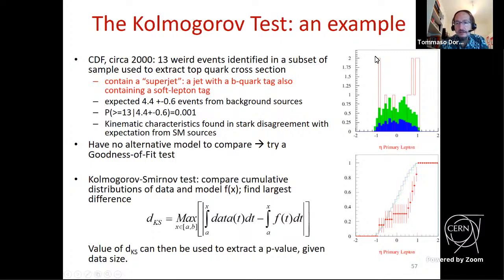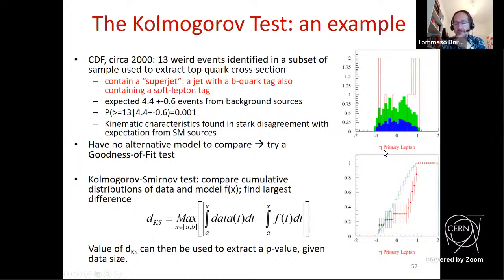You had the data, which are here in the empty red histogram, and the model, which is the sum of blue and green. And here you can see that you were seeing these leptons at very high rapidity in the positive direction, or even, if you want, in the absolute value. And you were asking yourself how likely it is that I would see such an asymmetry in the primary lepton emission.